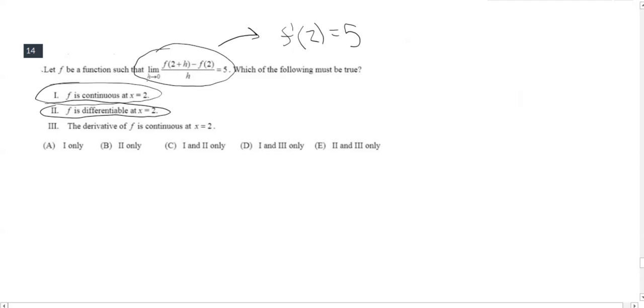So we know it's continuous at x equals 2. What we do not know, however, is if the derivative is continuous there, because we don't know any other information except for x equals 5. So for this one, it's choice C, 1 and 2 only. The derivative could be continuous there, but it doesn't have to be true. Notice this says must be true, not could be true.